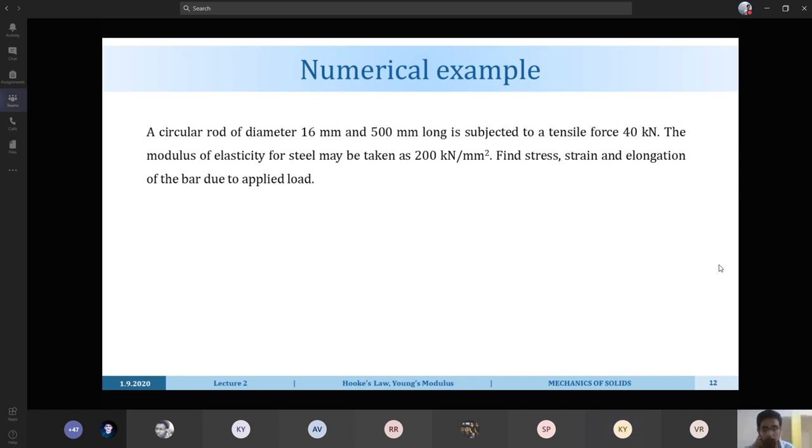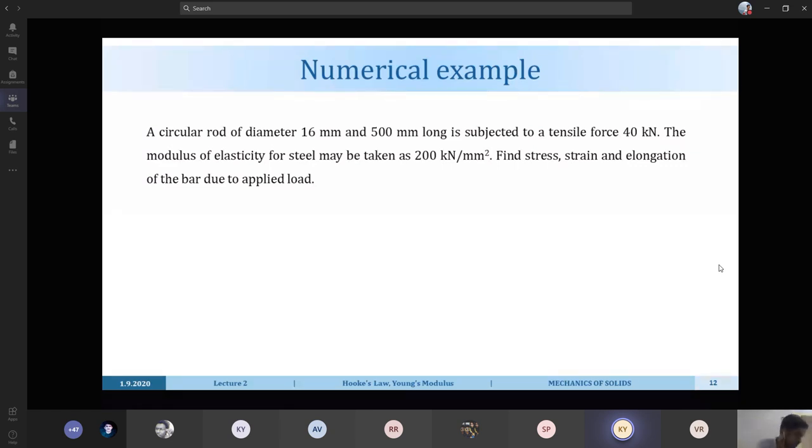Strain. Yeah, now that we know the stress, stress by strain is equal to the modulus. So strain is equal to 1591.54 divided by 200, so 7.95 strain.